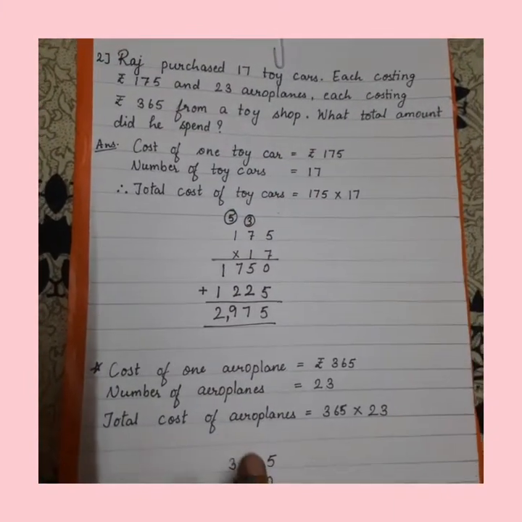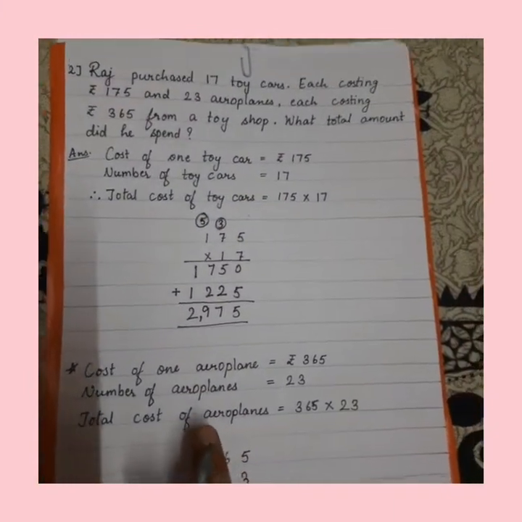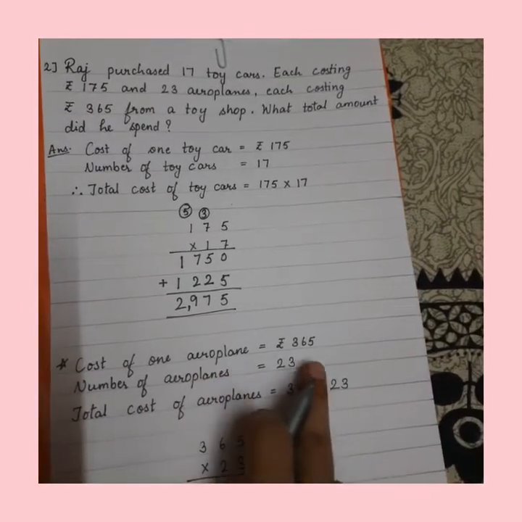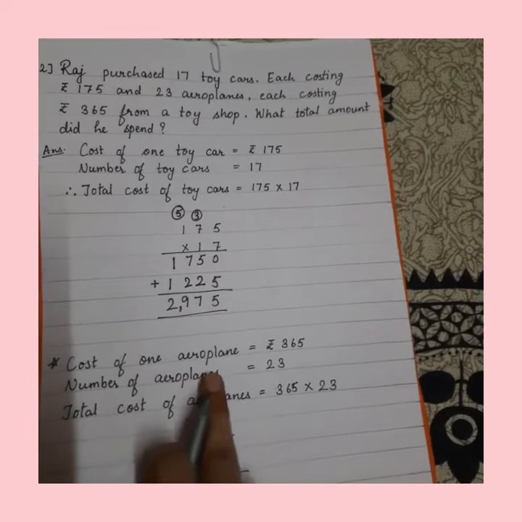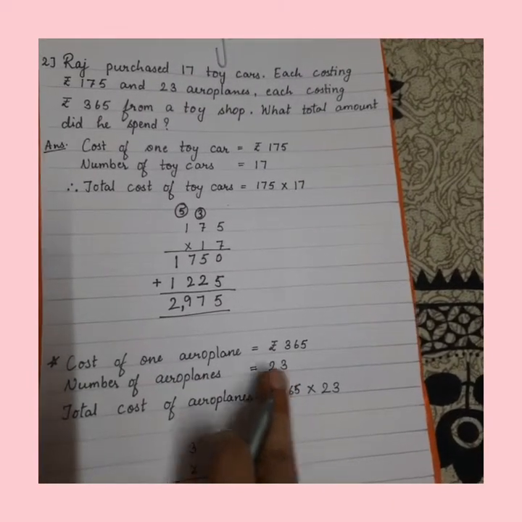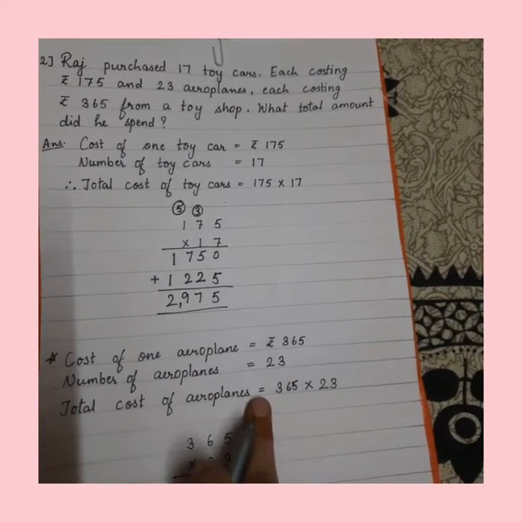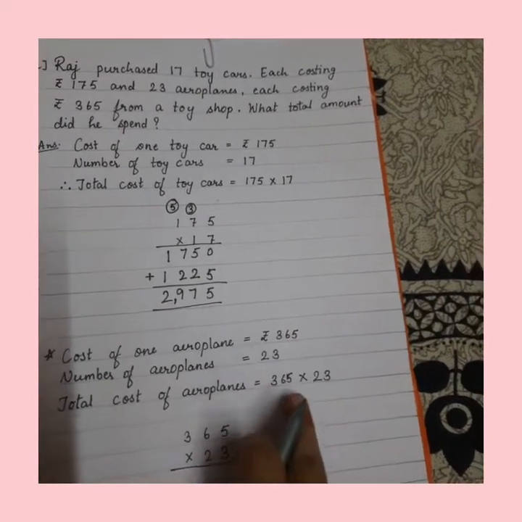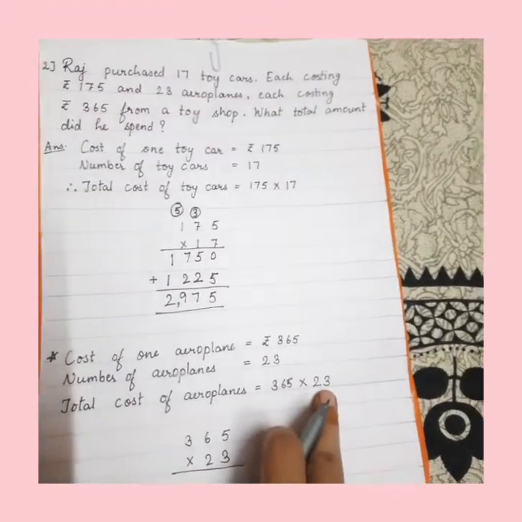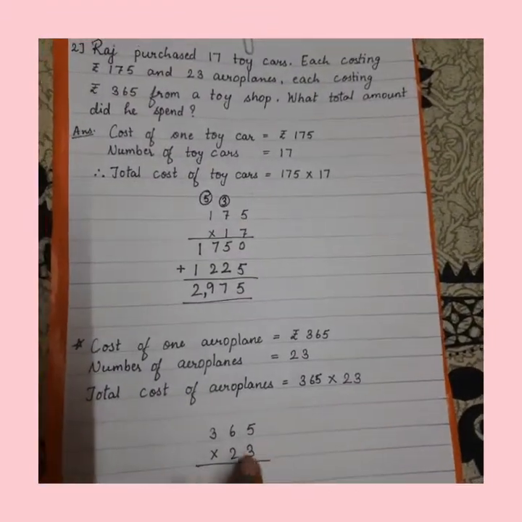Now he is also buying 23 aeroplanes and the cost of one aeroplane is rupees 365 and number of aeroplanes are 23. So total cost of aeroplanes can be calculated by multiplying both the numbers, that is 365 multiplied with 23.